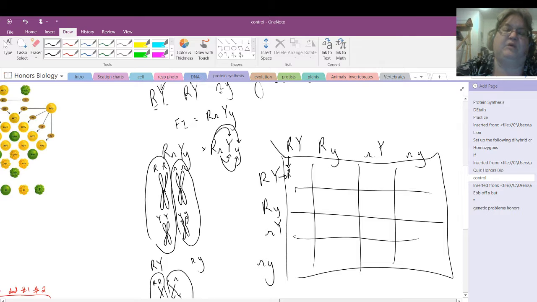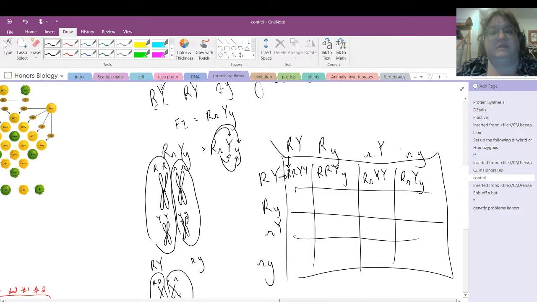So you'd have big R, big R, big Y, big Y, big R, big R, big Y, little y, and you keep filling them in. As you fill them in, you can look at what kind of plant you get. In this case, you'd have round and yellow, round and yellow, and so on.